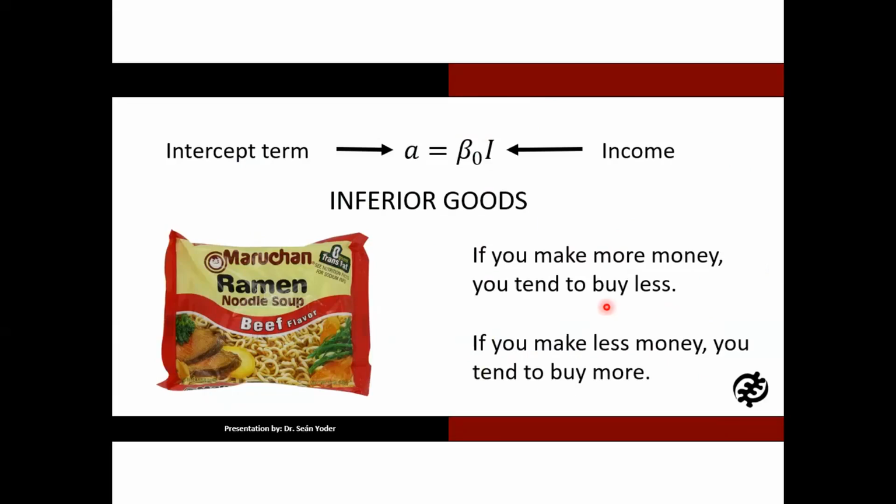If I lost my job and I didn't have income, and I was really scrapping, yeah, I might end up buying and eating a lot of ramen noodles. But as I've made more, I tend to buy less. If you make more money, you buy less. If you make less money, you tend to buy more. These are inferior goods. It just means they have an inverse relationship to income.